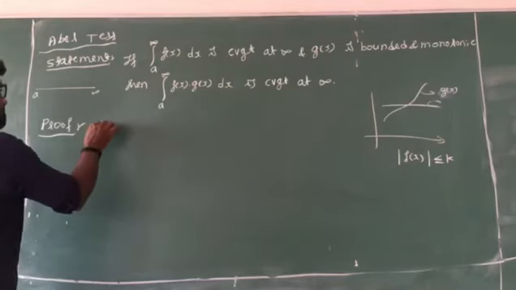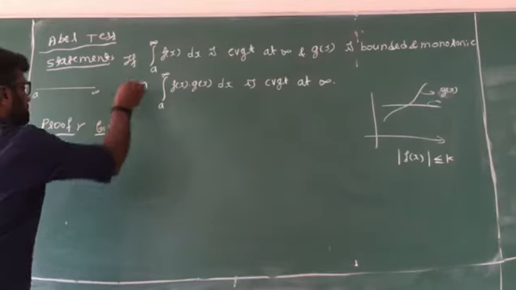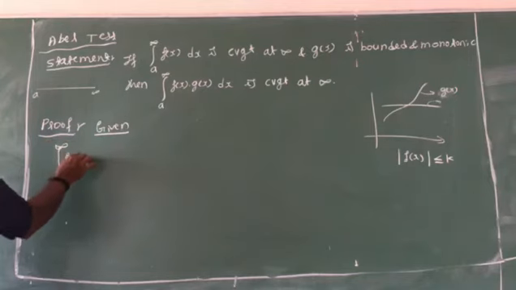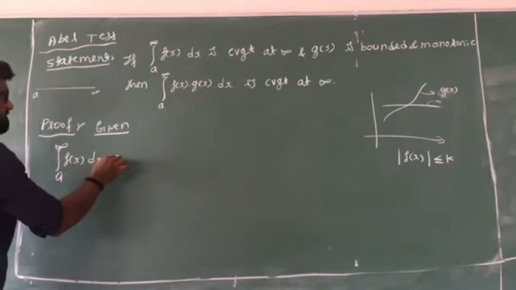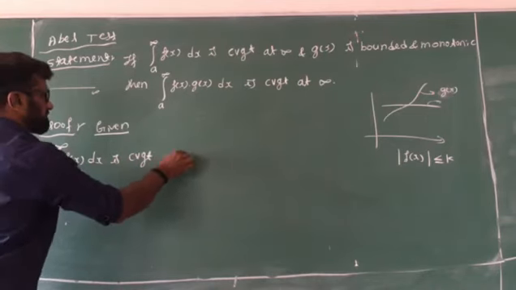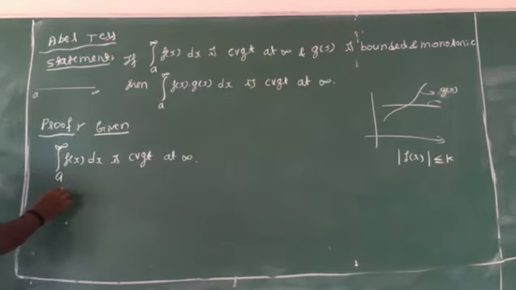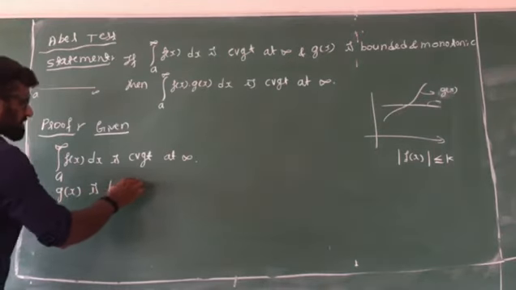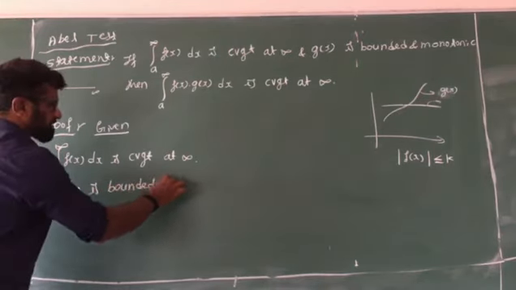So, given: the integration of a to infinity f of x dx is convergent at infinity, and the second function g of x is bounded and monotonic.